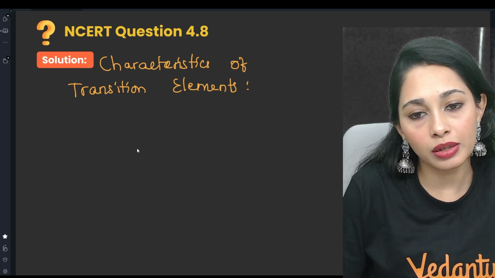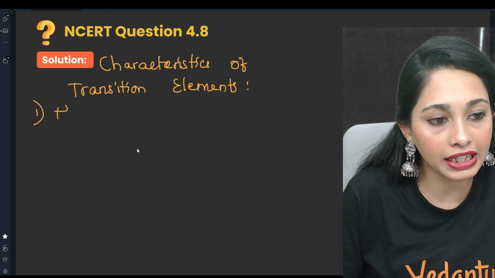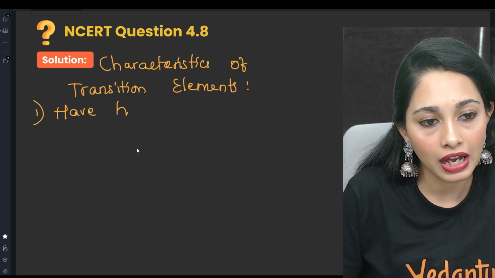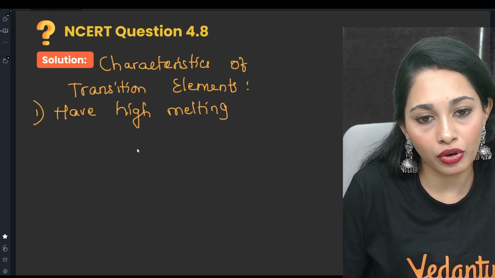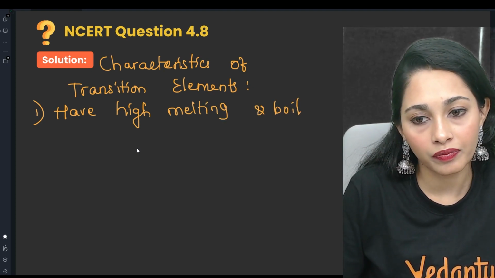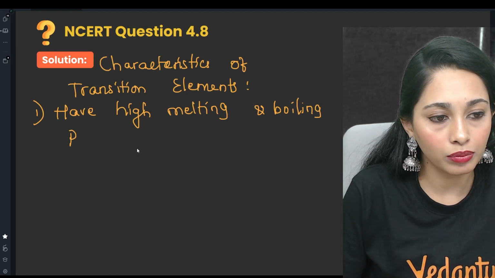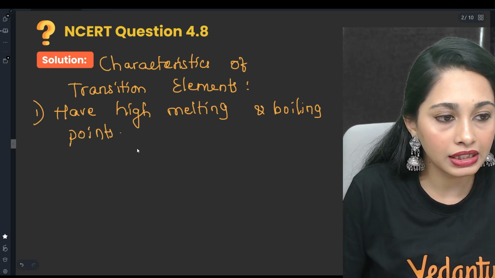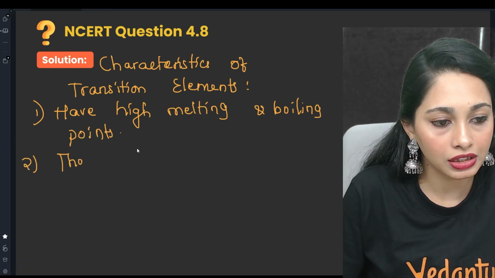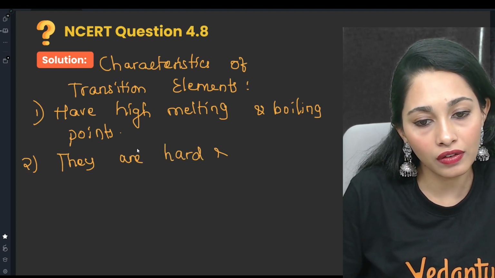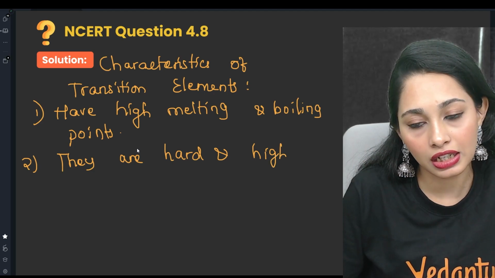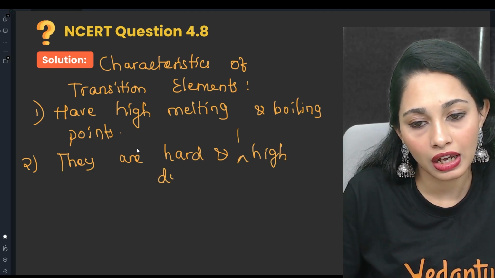Transition elements generally have high melting and boiling points. They are hard and they have high density.